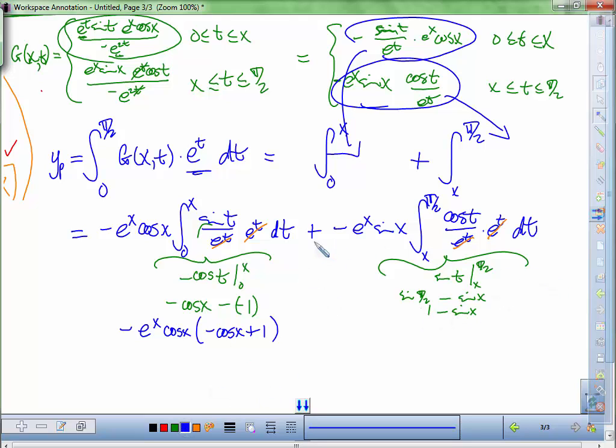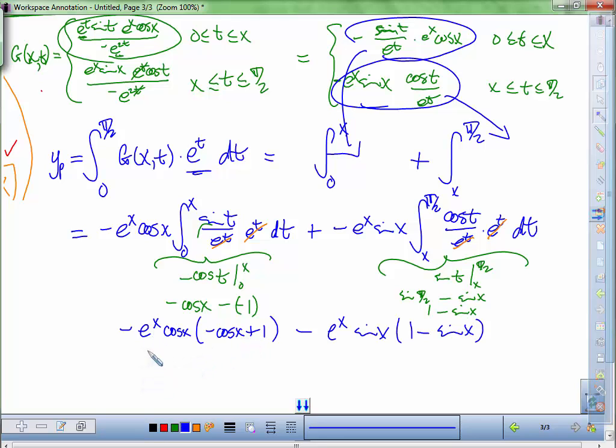And this one has a plus minus, so it's a negative e to the x sine x times 1 minus sine x. I suppose we can leave it like that, but we could simplify it also, maybe.